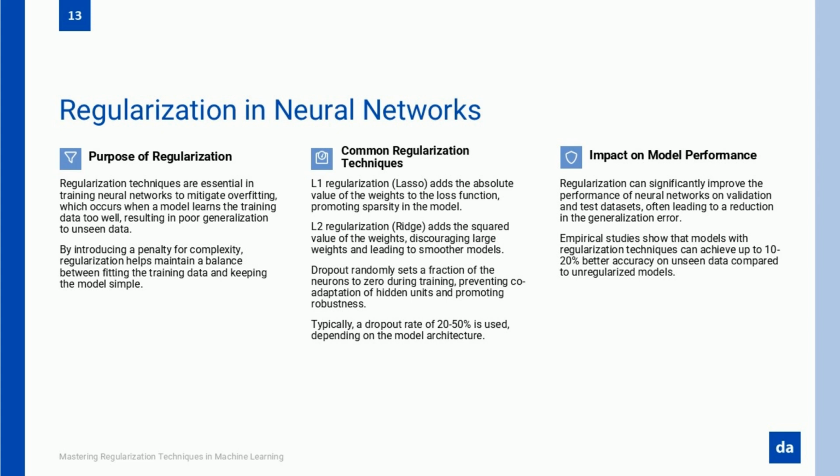Dropout is one of the most powerful and widely used regularization techniques in deep learning. Here's how it works. Imagine you're training a basketball team, and every time they practice, you randomly bench different players. One day your star player sits out. The next day, another one is out. This forces everyone to learn how to contribute instead of just relying on a few key players.